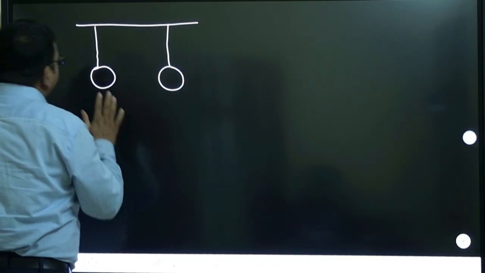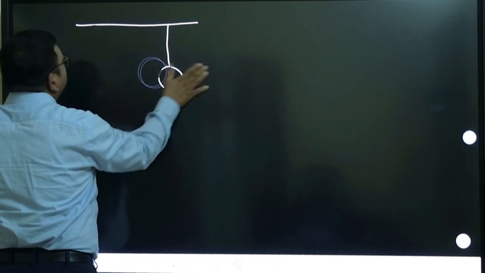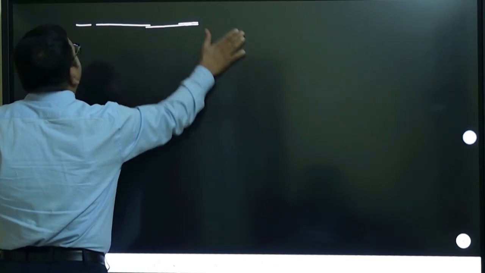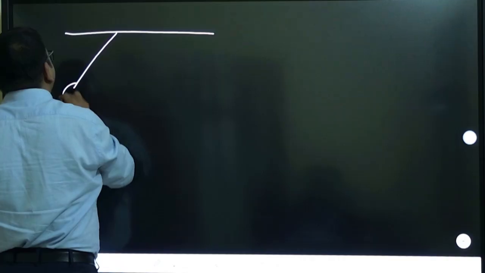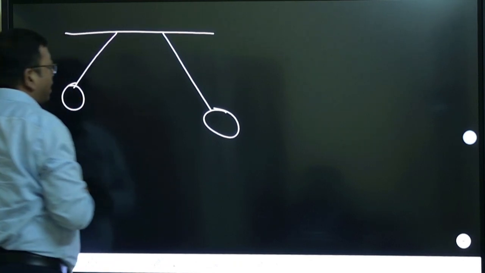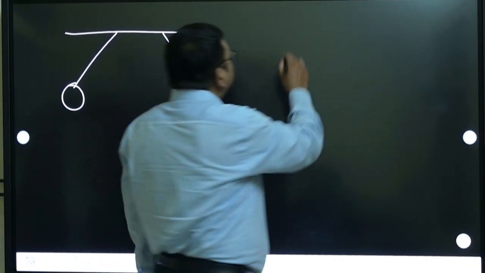If these are charged bodies, suppose they have similar charges. Similar charges means they will repel. Like that it will happen. If they are opposite charges, they will attract.